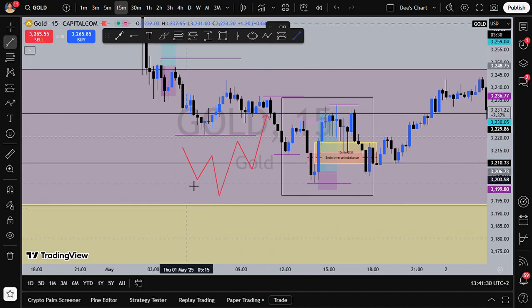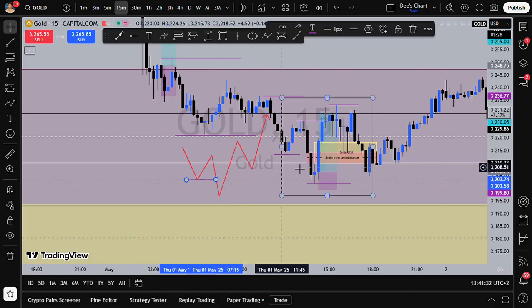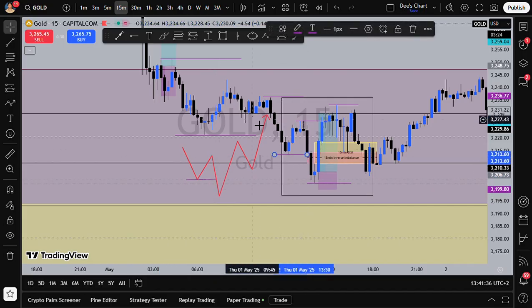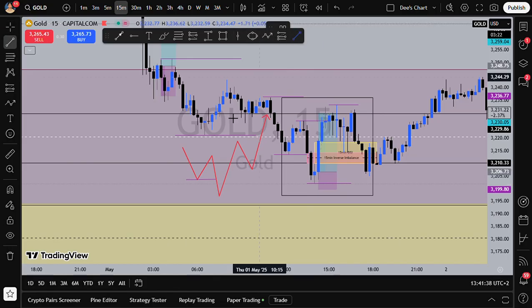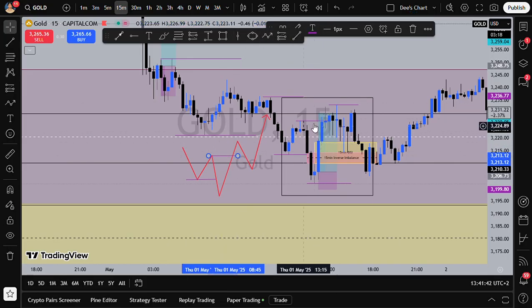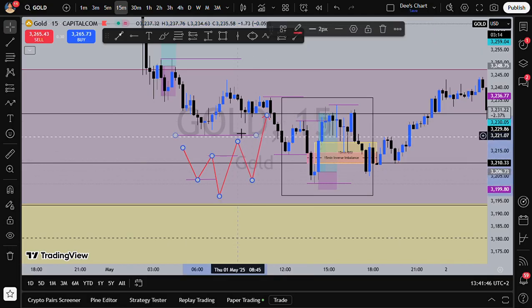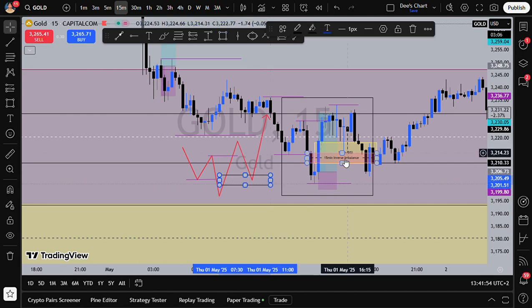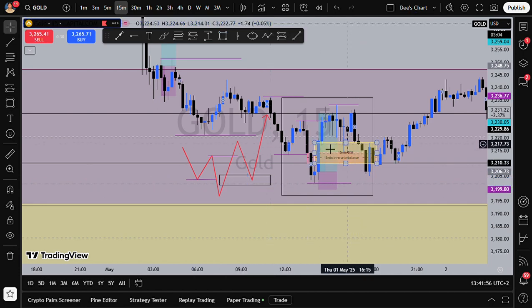You have an area that was swept, which is this area right here. This low was swept. Then you have a market structure shift, and we had a market structure shift up here, and then we have the retracement. We had a quite deep one, and also in that market structure shift, price will give you an area to enter off of, and that was our 50-minute buy side imbalance.